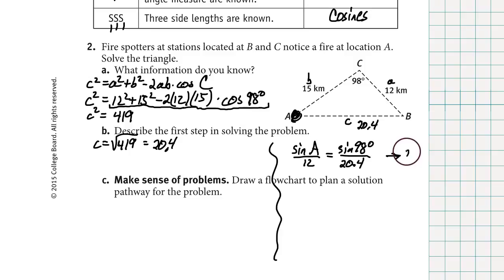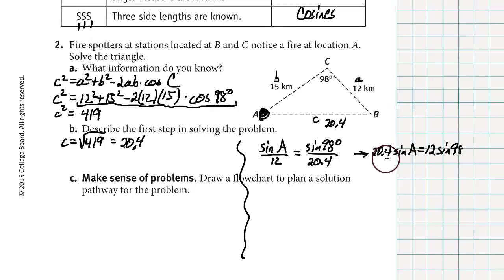Cross multiplication, 20.4 times the sine of capital A equals 12 times the sine of 98. Then divide both sides by 20.4. We get the sine of capital A equals, and we typed this part in on our calculator.